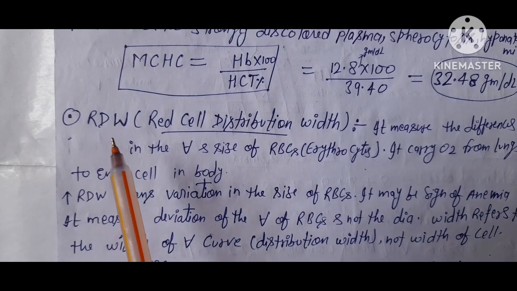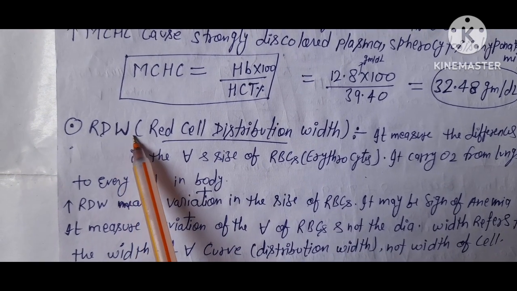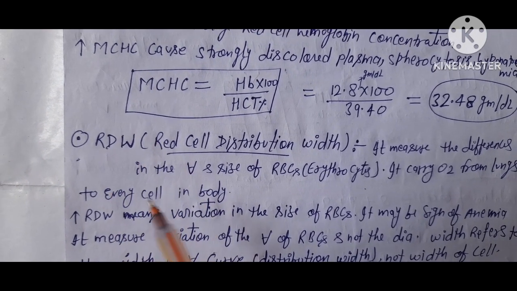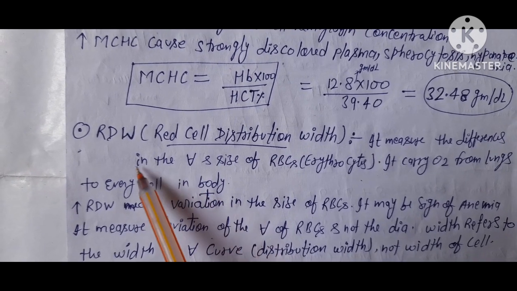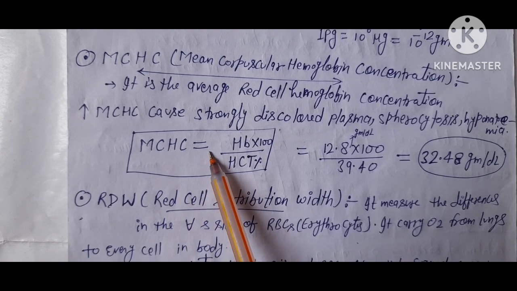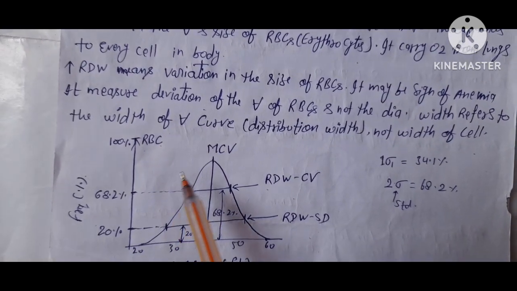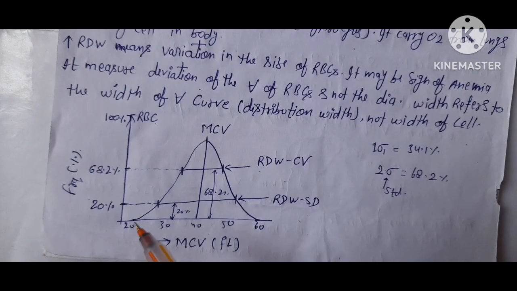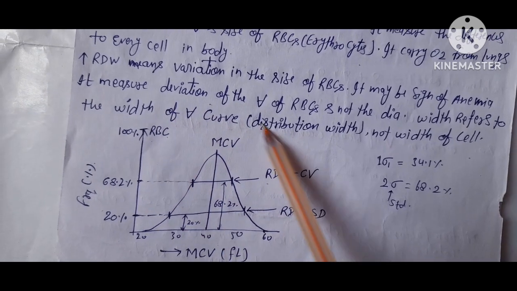Friends, if you want to calculate RDW, there is no direct formula to calculate it, like MCHC. First of all, you need to read the RDW graph.